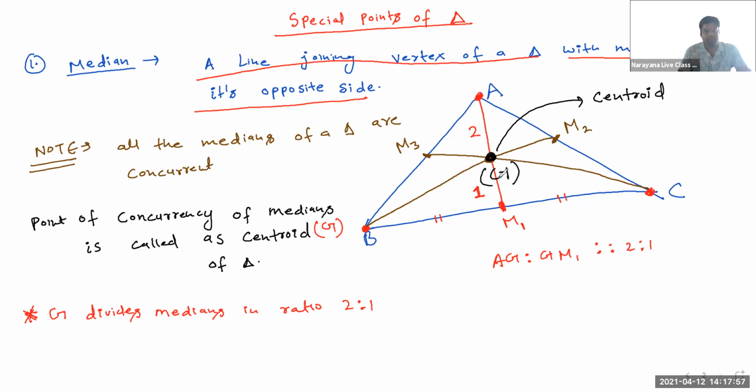Just remember this point. So the longest part, from vertex to centroid, is double the length of GM1. So G divides the median in the ratio 2:1. Okay, this is all about the centroid.